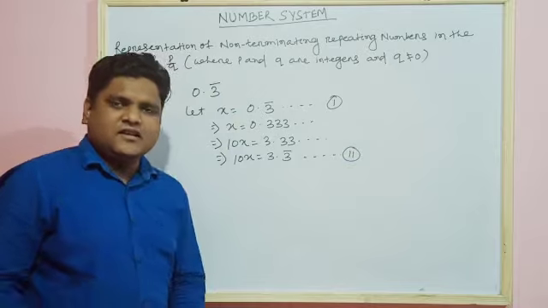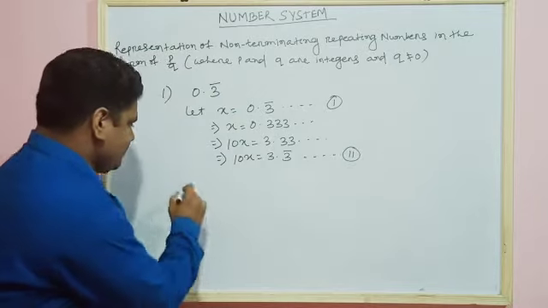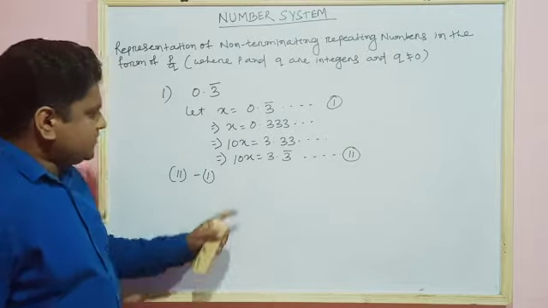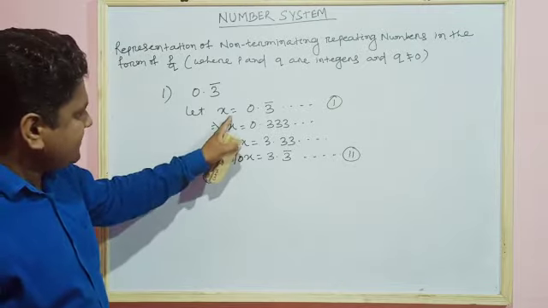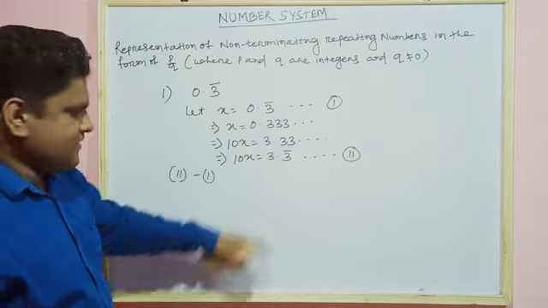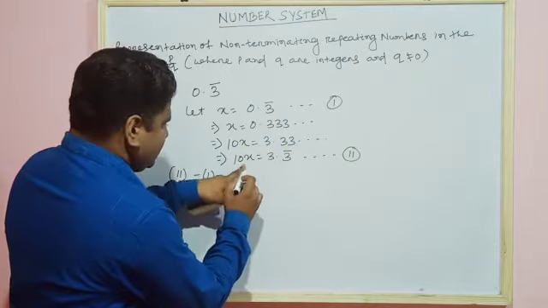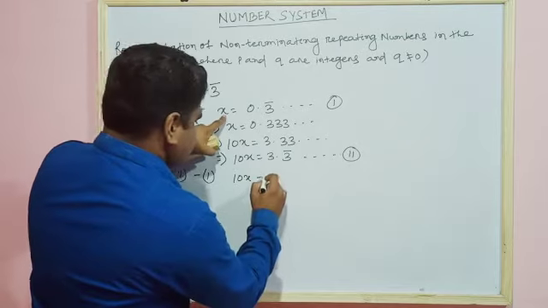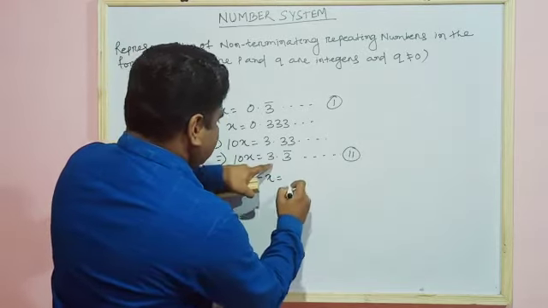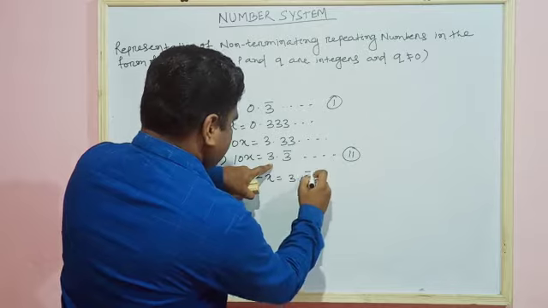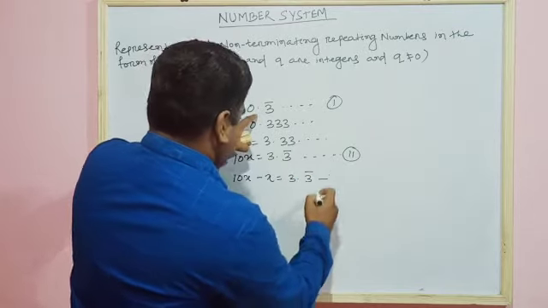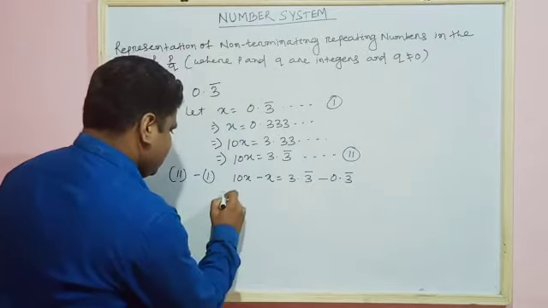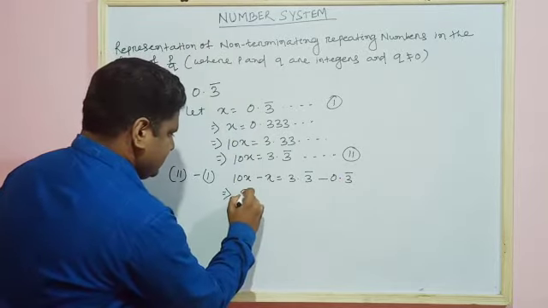Let's subtract equation 1 from equation 2. We have to subtract LHS from LHS and RHS from RHS. So LHS here is 10x and LHS here is x. RHS here is 3.3 bar and RHS here is 0.3 bar. 10x minus x is 9x.